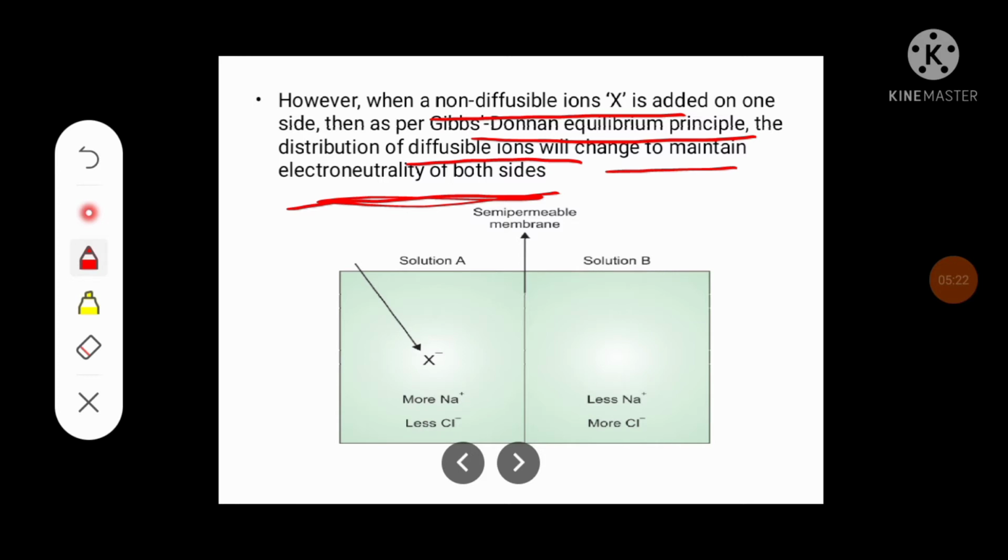When the substance X, which carries a negative charge and is non-diffusible, is added to solution A, then to make up for the equilibrium of the ions there will be more concentration of sodium and less concentration of chloride in solution A compared to solution B. Whereas in solution B, there will be less sodium and more chloride.